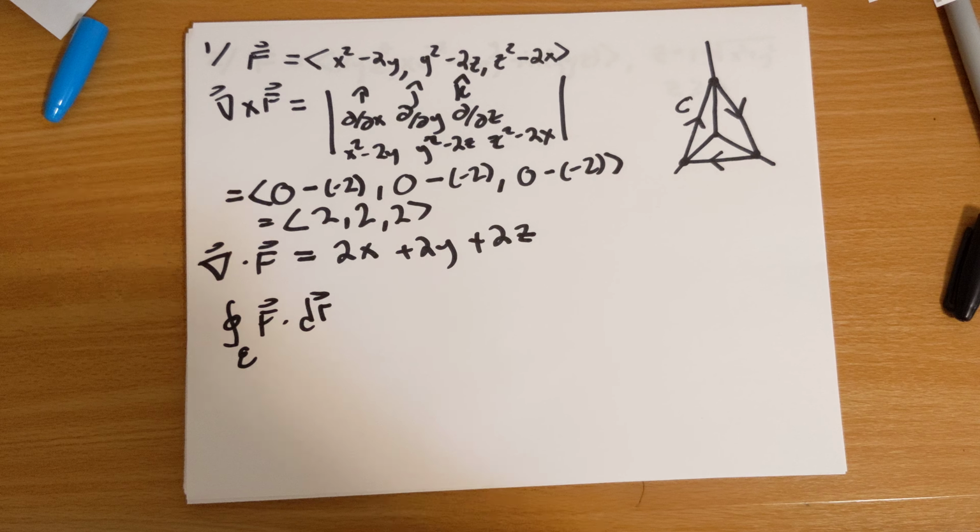So Stokes' theorem says we can relate the circulation of a vector field around the boundary of a surface here to the integral over the surface inside of here of not F, but the curl of F.